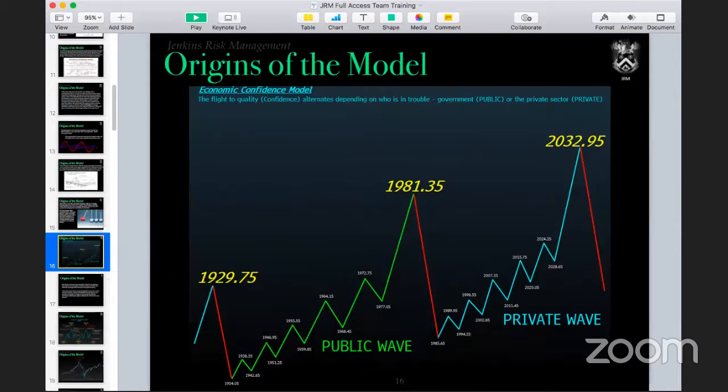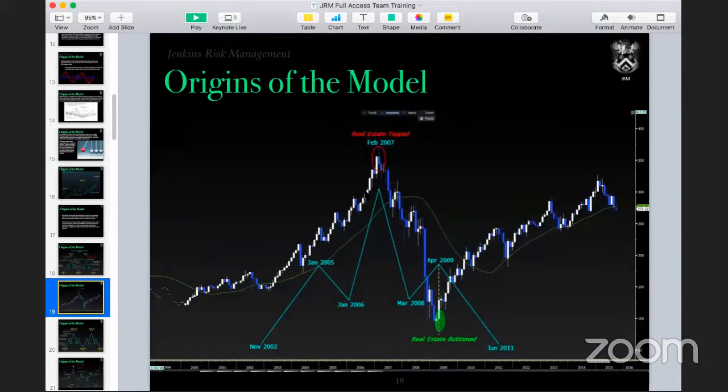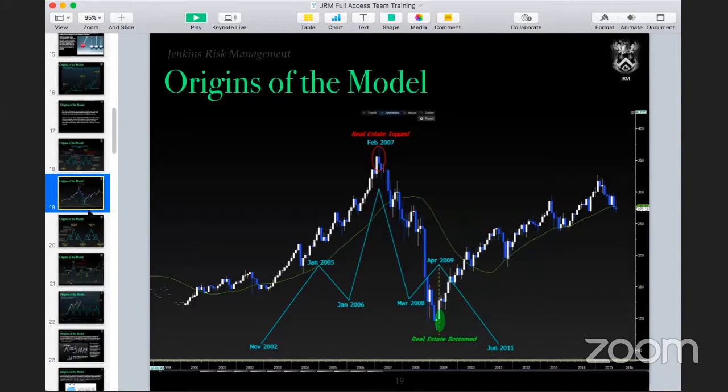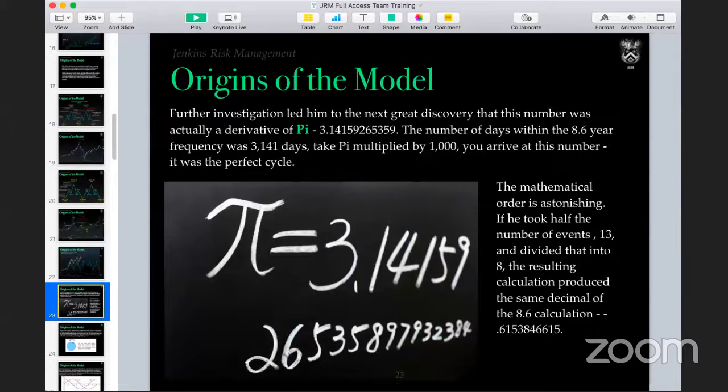We look at long-term cycles, short-term cycles. There are examples here I go over: real estate topped with the business cycle to the exact month, actually. Real estate bottomed in 2009 with the minor wave in the cycle. But behind the model, it's just this understanding of time.